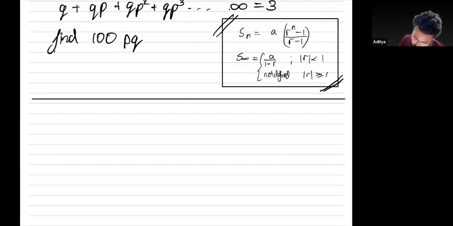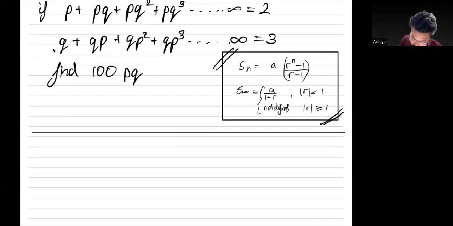Over here, in the first equation, you have the first term as p and common ratio as pq, then there is pq square, pq cube.